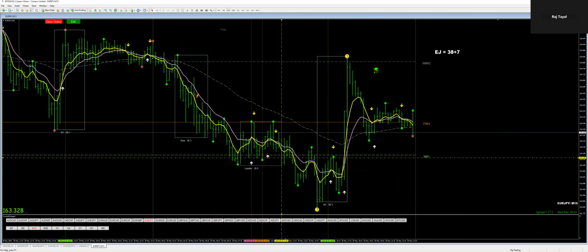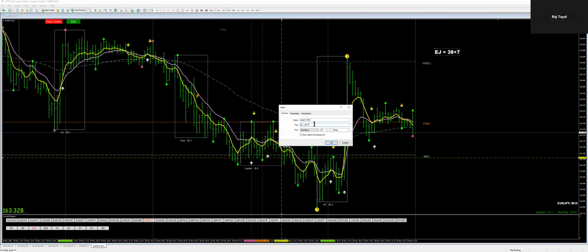It's a 15-minute trade. And this is also break even. 2 pips. A very good week on EJ. This is equal to 47. Okay.